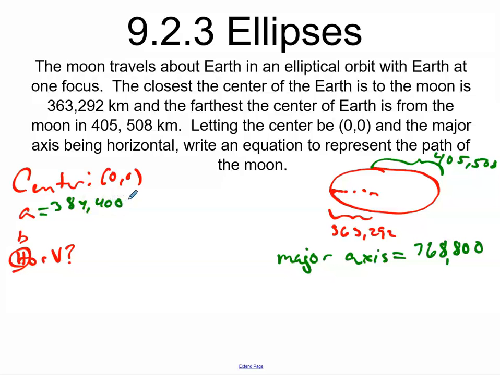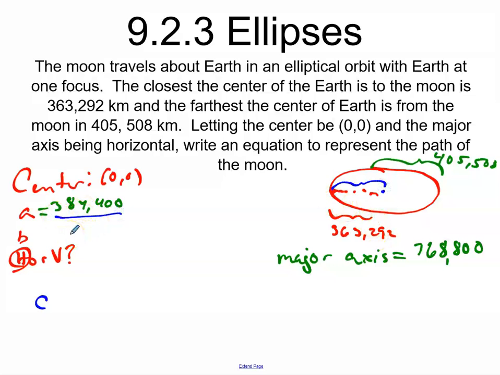The other thing we can do with the information we're given is find how long c is. Here's our center, and we just decided that from the center to that vertex was that length right there. That's what our a is.